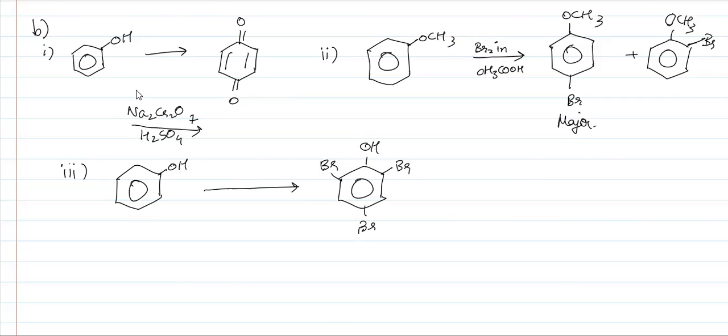Now, this happens in the presence of three bromine molecules. So just 3Br2. So when this reacts with 3Br2 in the aqueous medium, basically bromine in water, that is what this is. And this gives us 2,4,6-tribromophenol, which is a white precipitate.